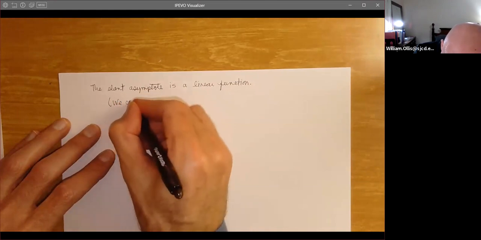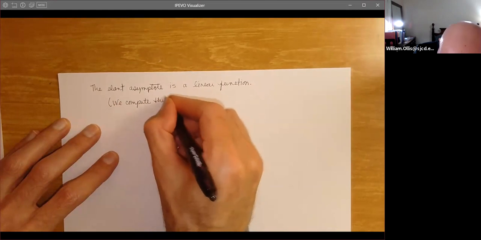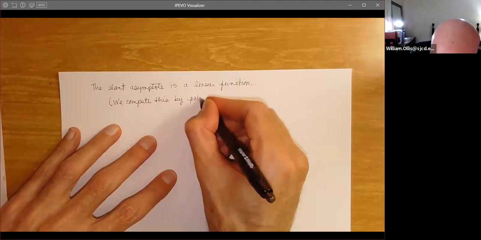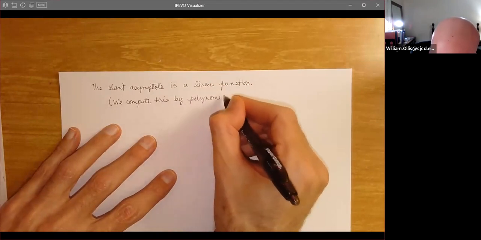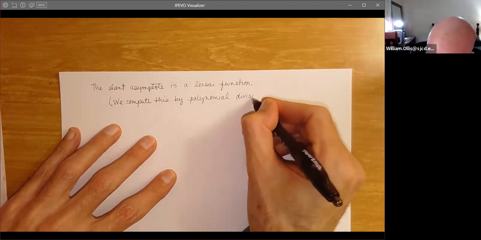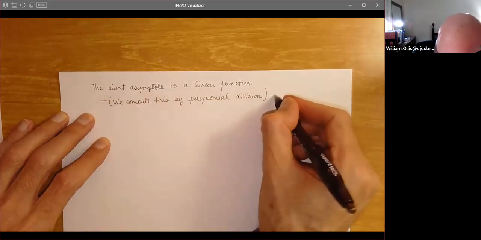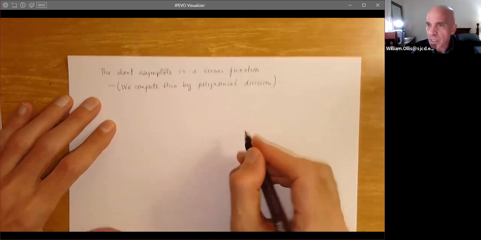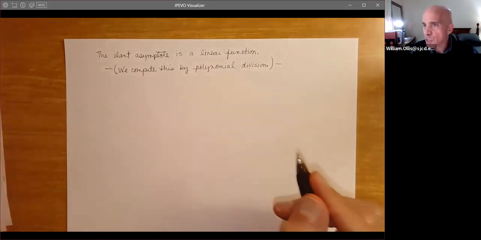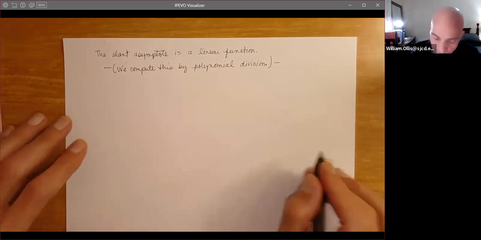We compute this by polynomial division, and if it's really simple, maybe we can use synthetic division. I actually derived a general formula for some special cases, but it's more haphazard to try to remember the formula than just do the computation. So let's look at some examples here.